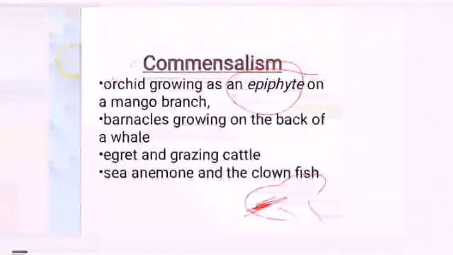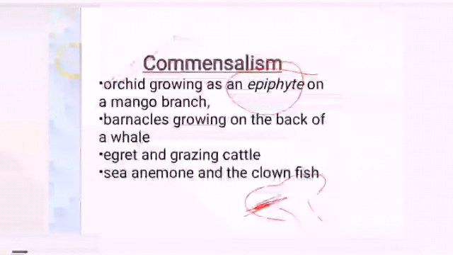They are not taking all their nutrients from it, just a very little bit of nutrient from the plant for sustaining, and they are getting a substratum to stay on, a space to live. So in that way the orchid is benefited. It is getting the space and some food from the mango branch.